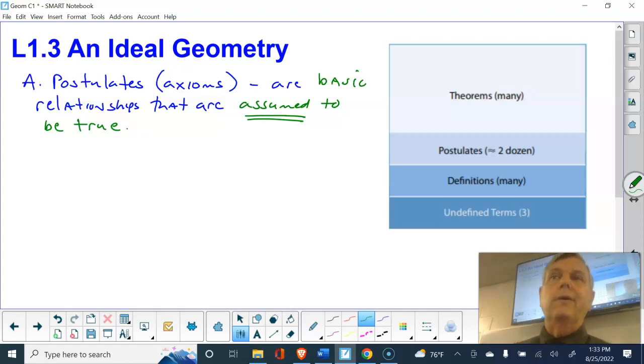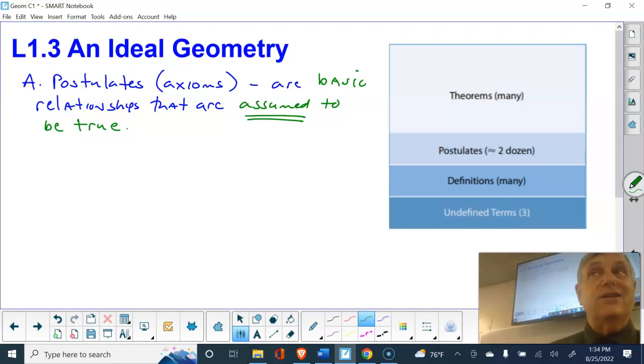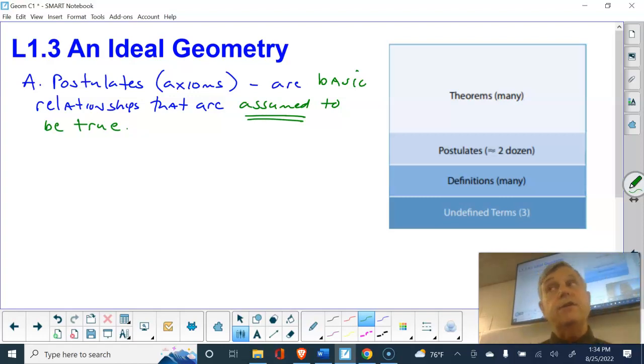And so if perchance a postulate is not true, then we're not going to end up with truth. But again, we're going to assume they all are. And look, geometry's been around for a long, long time, and people have worked on these things for a long, long time. But again, if there is any weak link, it is in a postulate.